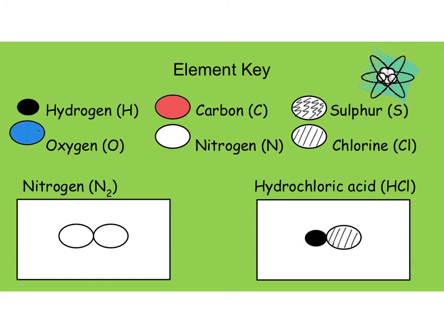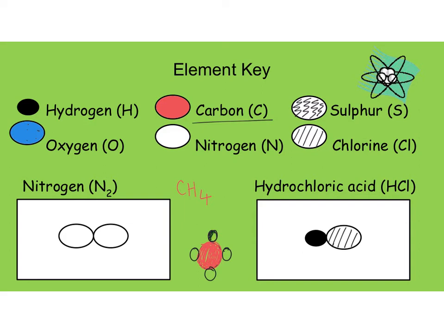Another thing to notice, if they asked you to draw something like CH4, it contains 1 carbon, which you would then put in the middle. So you'd put your 1 carbon in the middle, and then you would surround it by your 4 hydrogens.